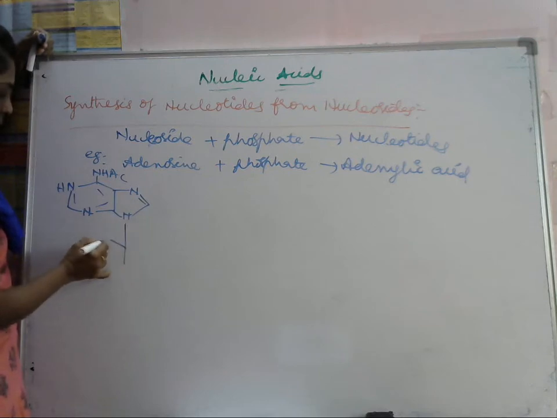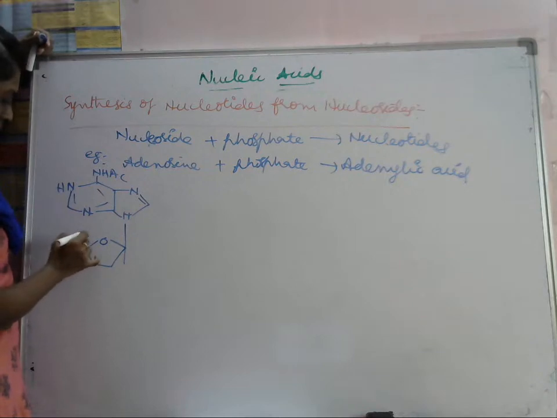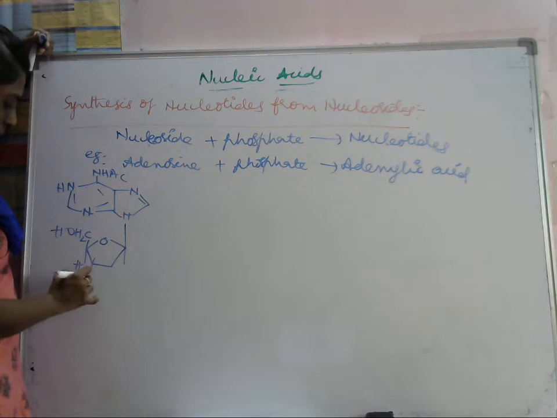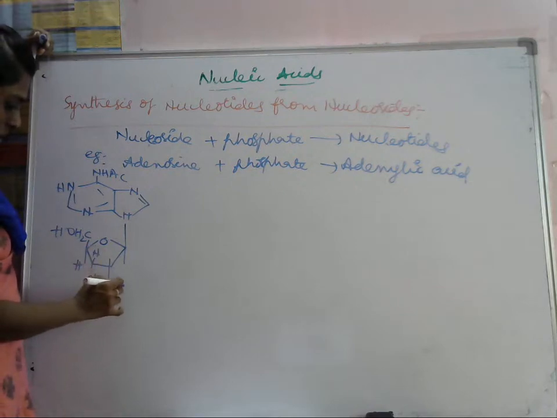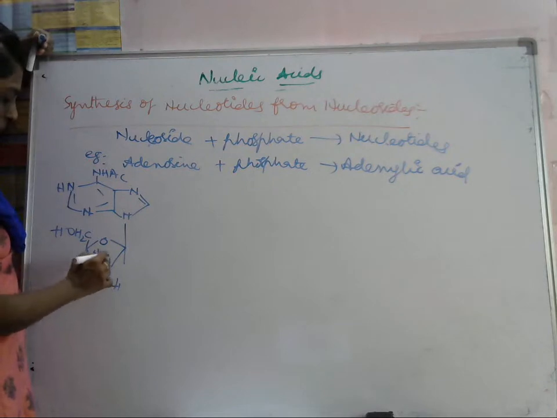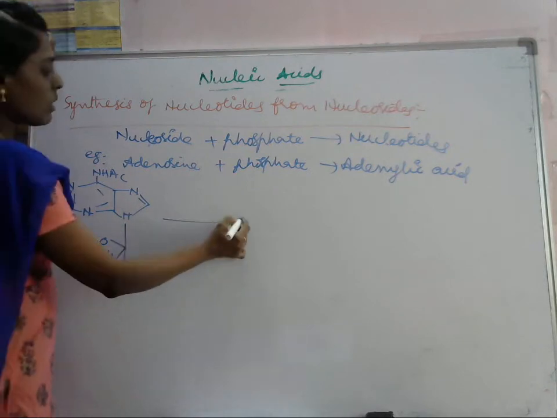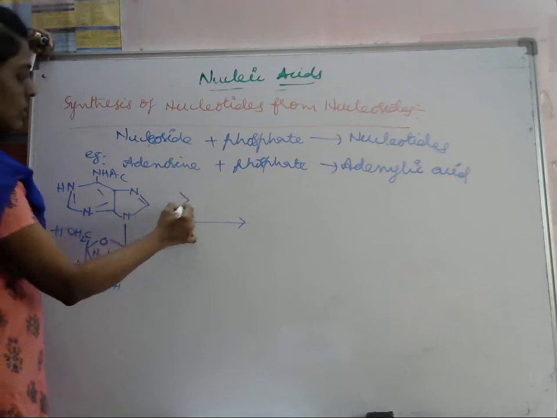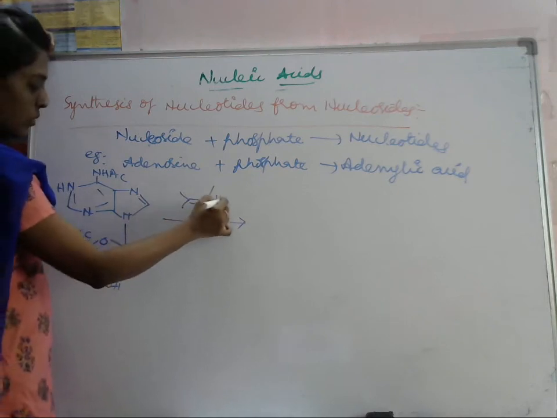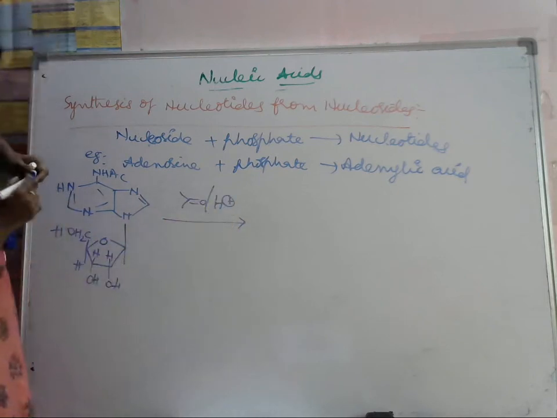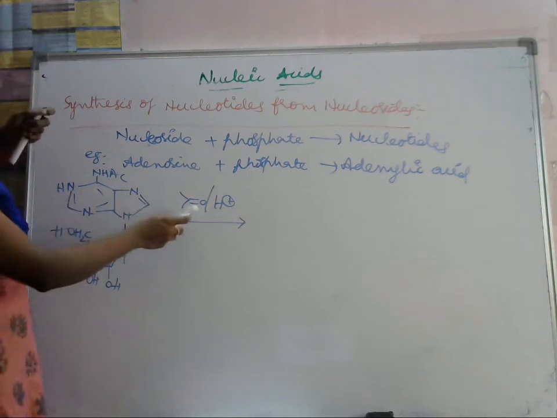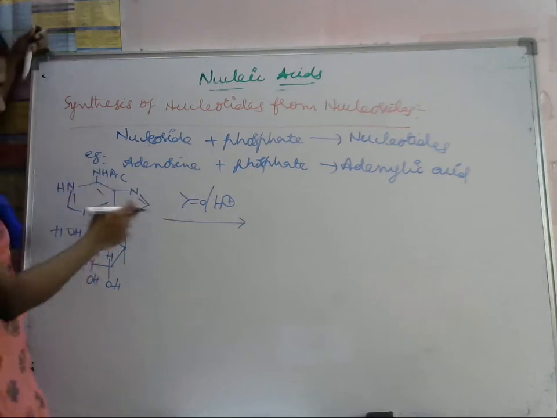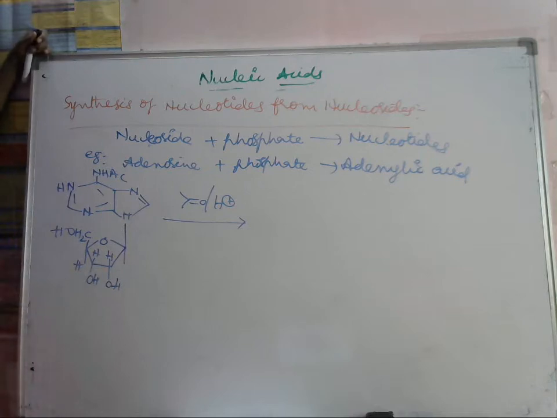We have to take the adenosine directly. So CH2OH, OH, OH, H, OH, H. Next, if it is treated with this one, why do we have to use this one? This reagent is used to protect the secondary alcohols.